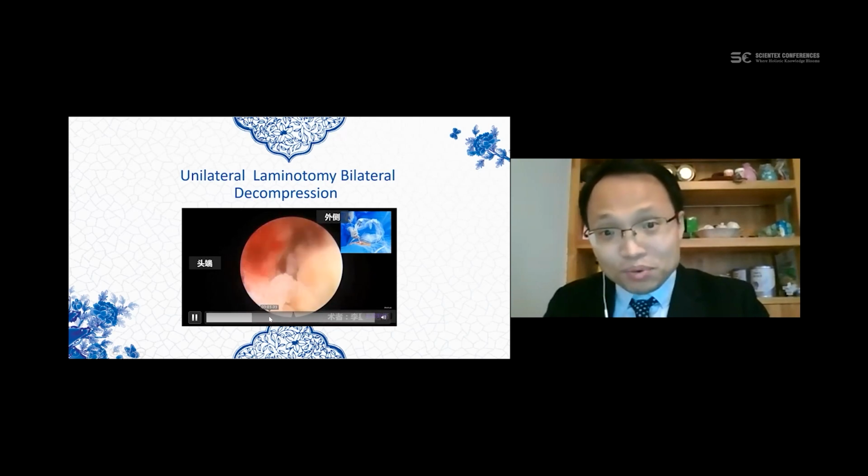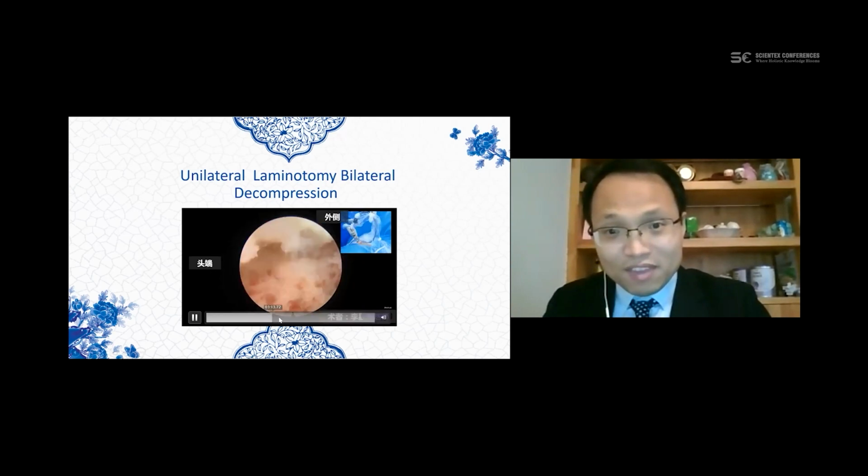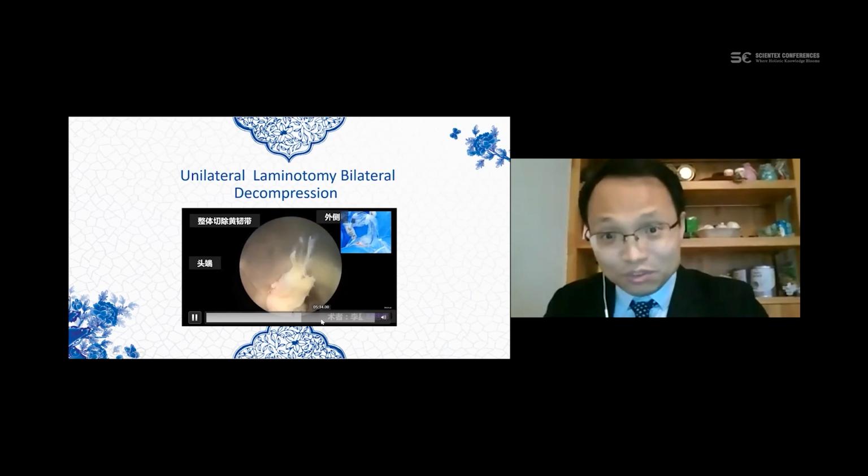Generally, we decompress the ipsilateral side first, and then get over the top of the dural sac to decompress the contralateral side.